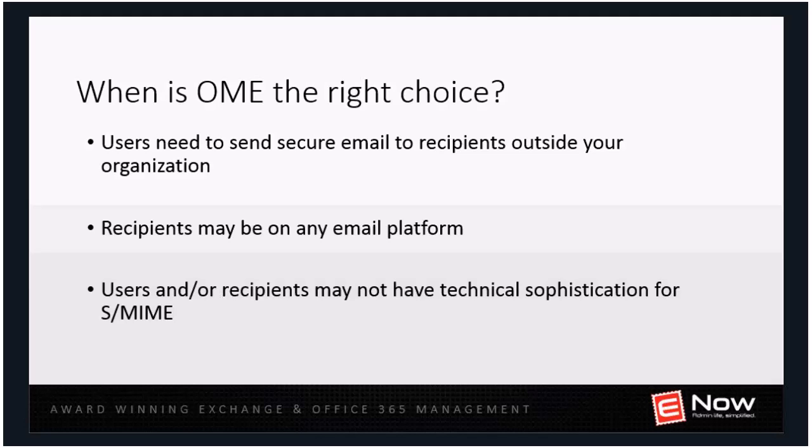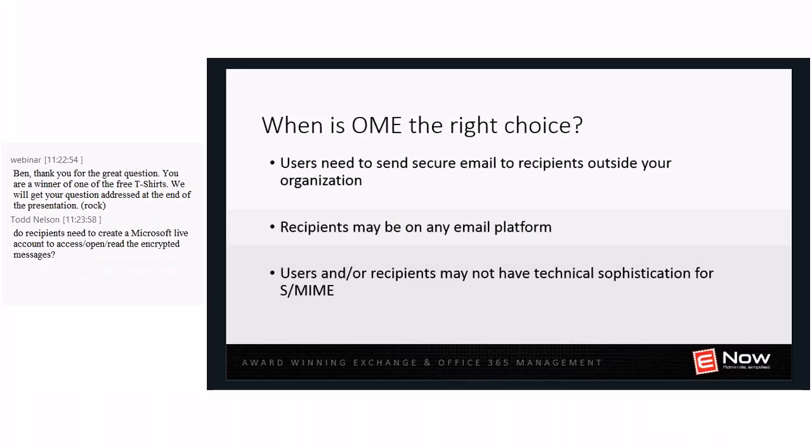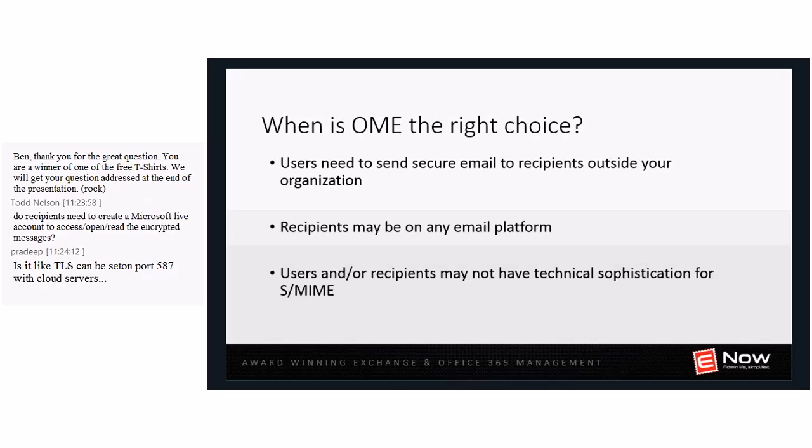OME also, again, allows recipients to be on any messaging platform. Because it's using that web portal, it doesn't matter. You can be on Zimbra or any portal at all. Users will need to create an account on Live, or they can use a one-time password to log into that portal.